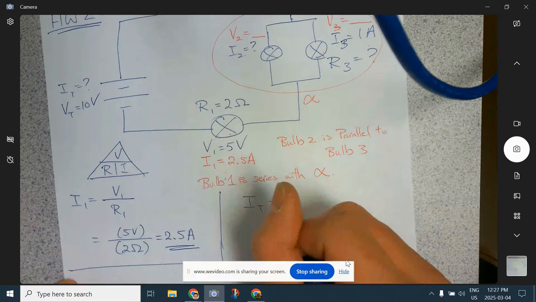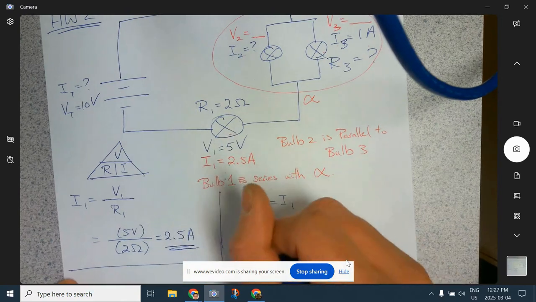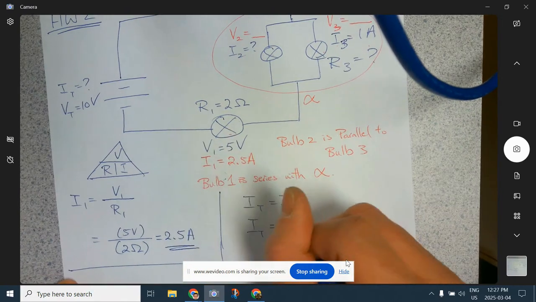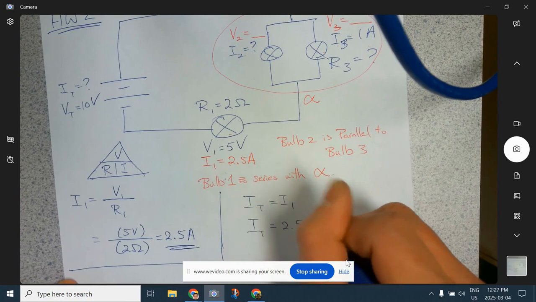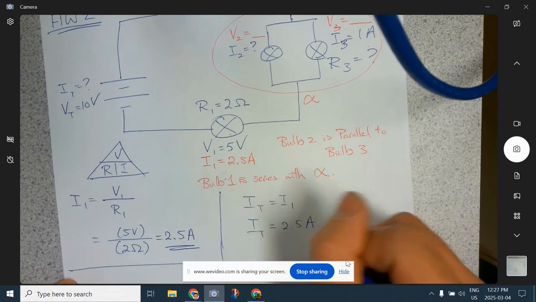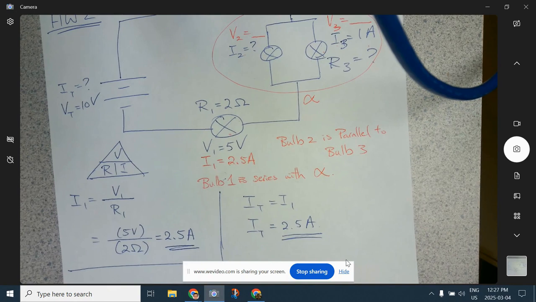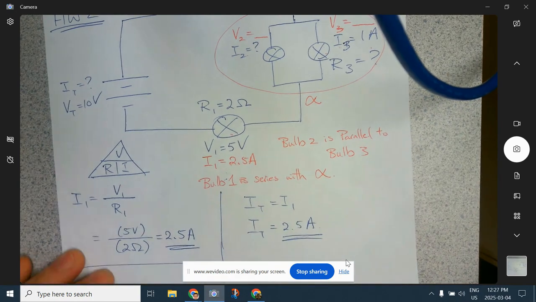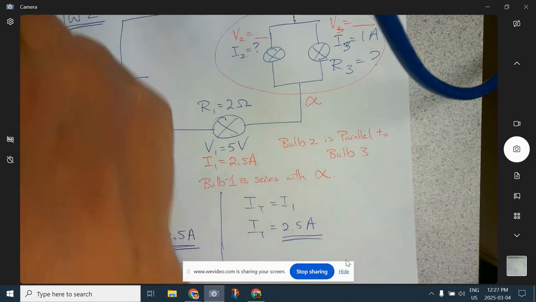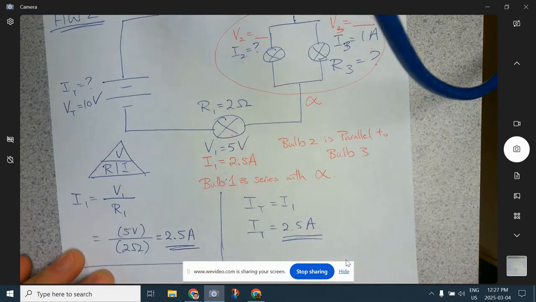So in this case, I total would also be 2.5 ampere. Okay? I total also equals 2.5 ampere. So we can fill that piece of information in here: 2.5 ampere.